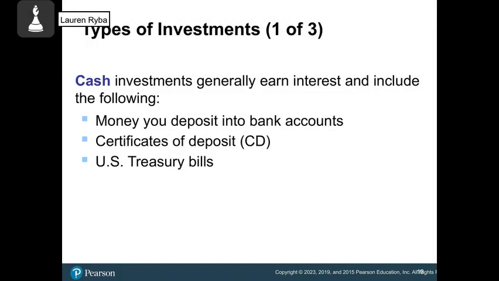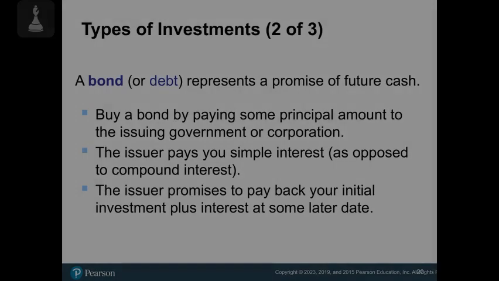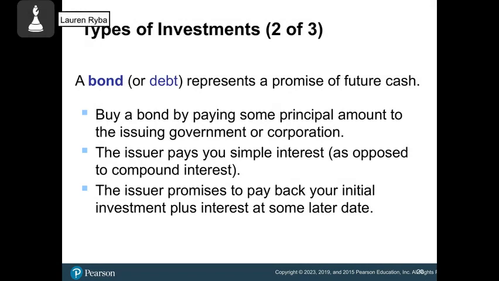Other ways that you can invest are with cash investments, such as money that you just put into an account, certificates of deposit, or called CDs, or U.S. Treasury bills. Another type of investment is a bond or a debt, which represents a promise of future cash.